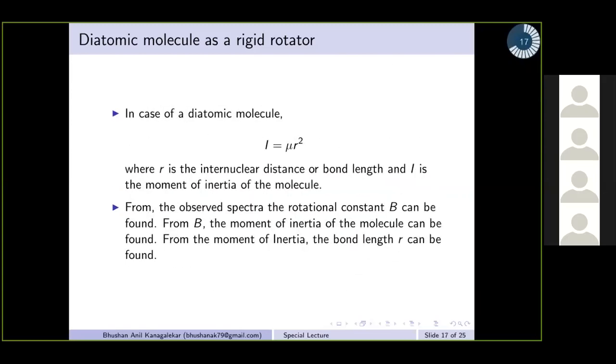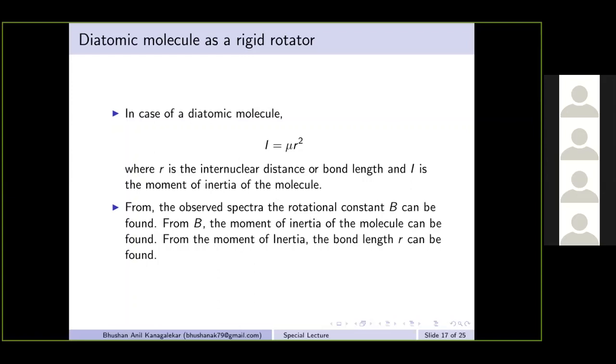So you will get the rotational spectra. Now further, from B, the rotational constant as it is called, I can get the moment of inertia of the molecule. B is equal to h by 8 pi square Ic, so I can get the moment of inertia.